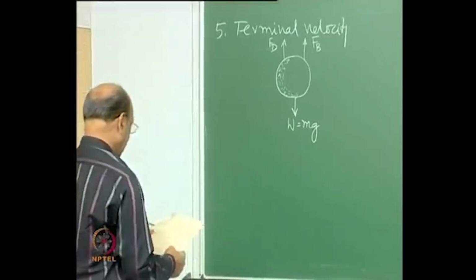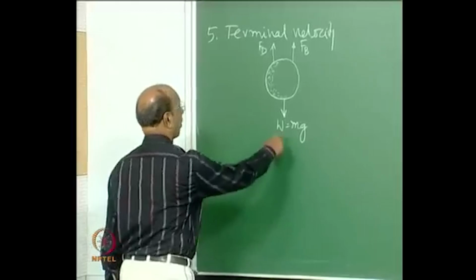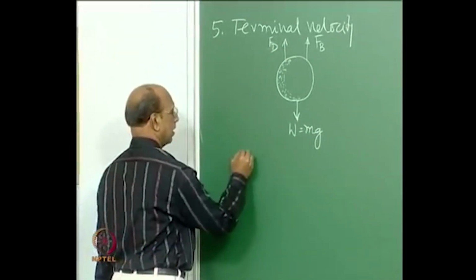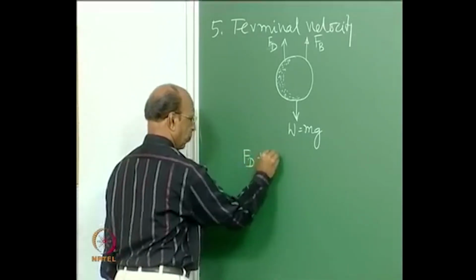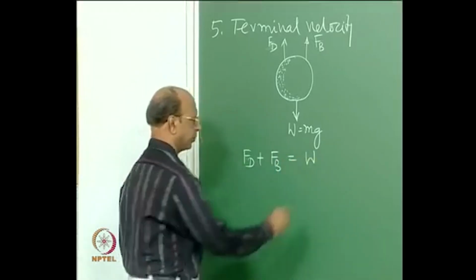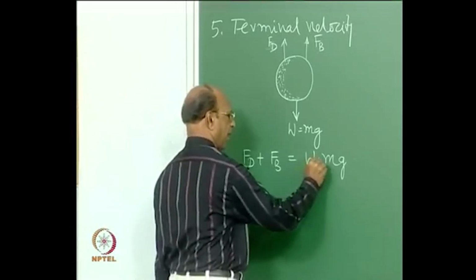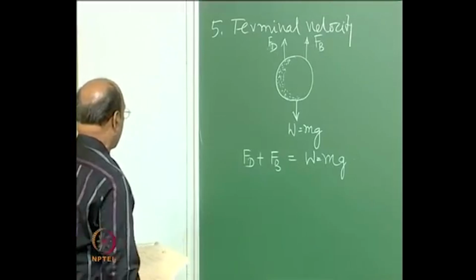So, we can derive this equation if we know all these terms. The balance is drag force Fd plus buoyancy Fb should give you the weight mg.